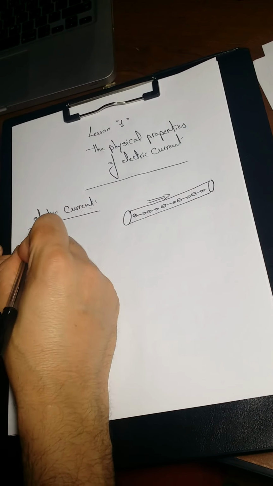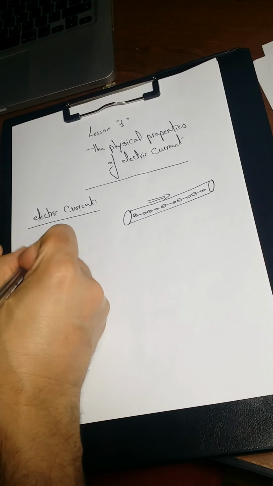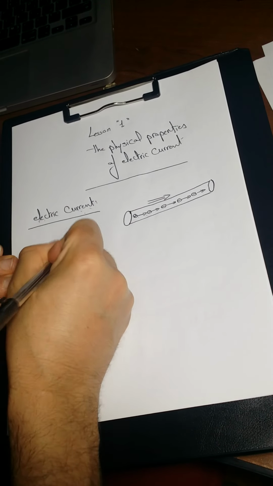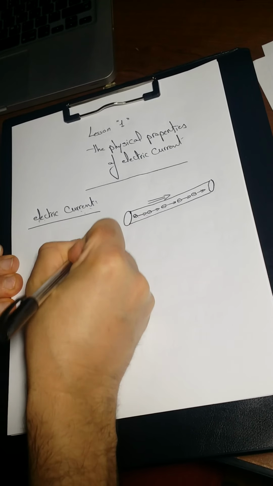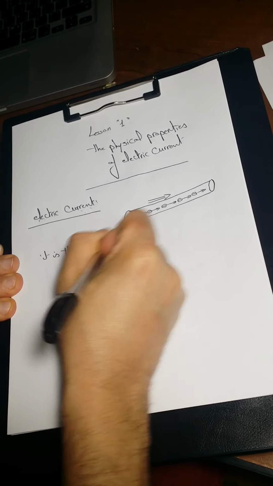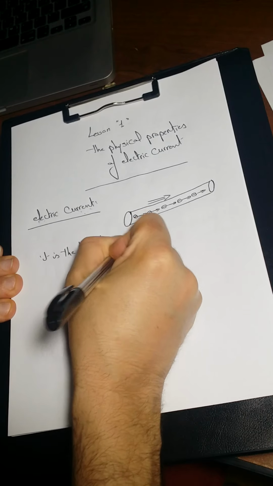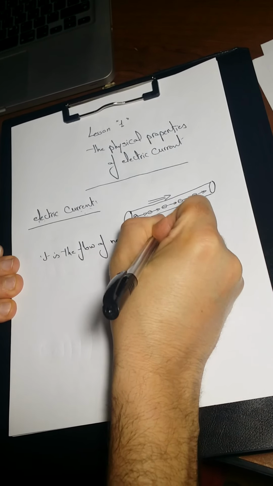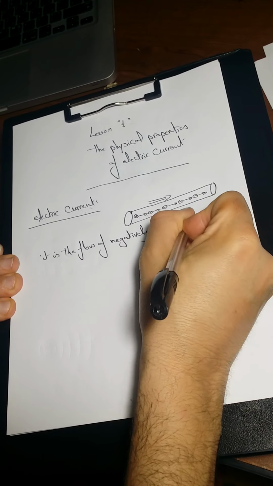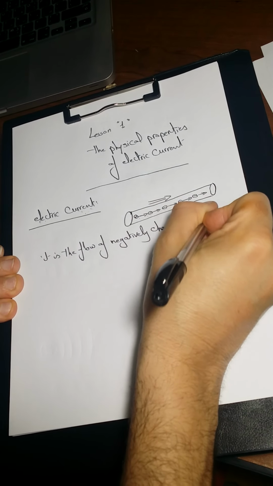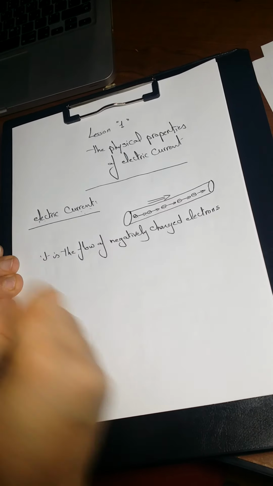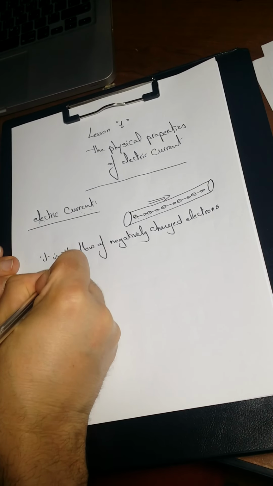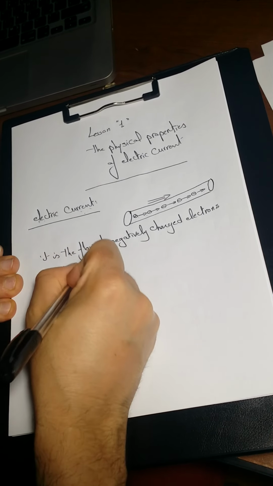The electric current is the flow of negatively charged electrons through a wire.